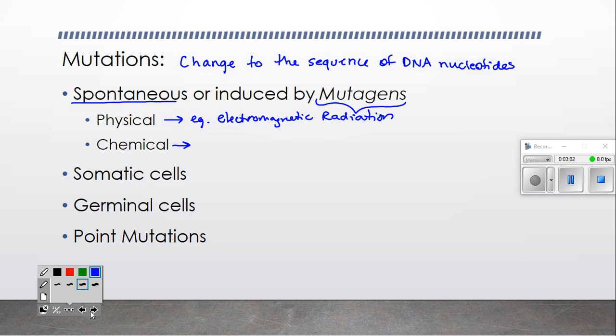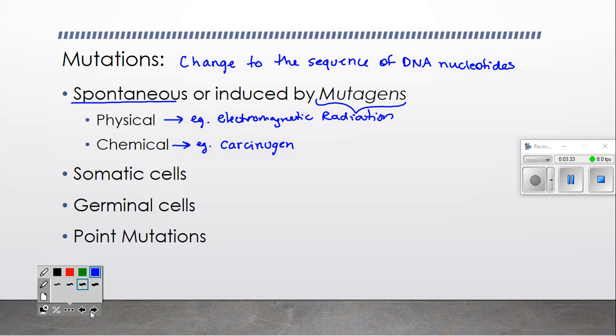If we're talking chemical, now here we're talking about some sort of substance, something that could potentially cause changes to your DNA. So there are lots of examples of things here. I don't want to just say toxic stuff in general, but if you think about a carcinogen, things that cause cancer, and I think if I ask you, do you know some things that could cause cancer? You might be able to list some things that could cause cancer, whether we're talking about skin cancer, lung cancer, or other types of cancer.